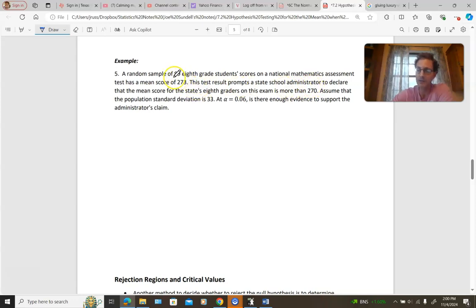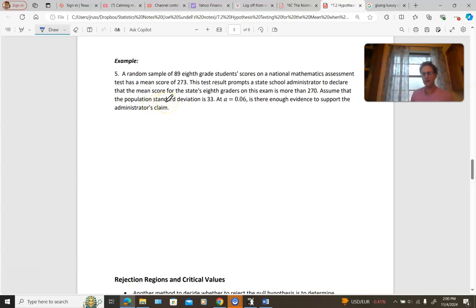Okay? Because the actual mean from the sample is larger than 270. So assume that the population standard deviation is 33, and then at a level of significance of 6%, is there enough evidence to support the administrator's claim?